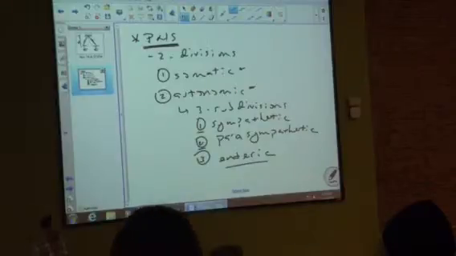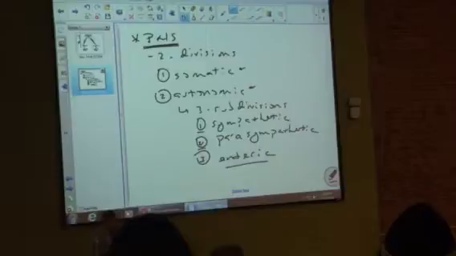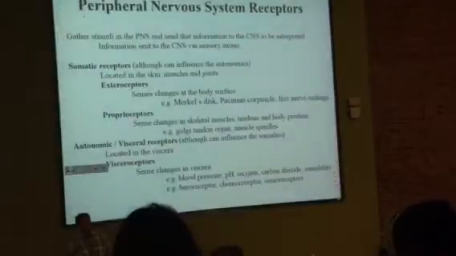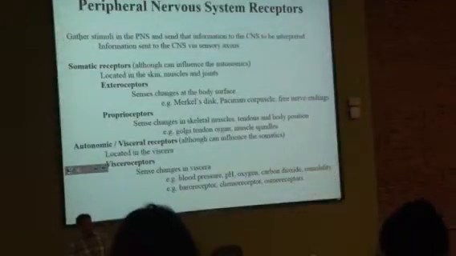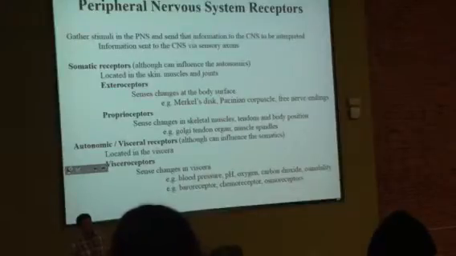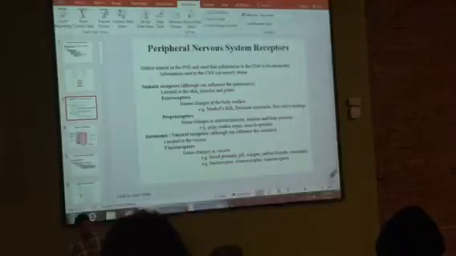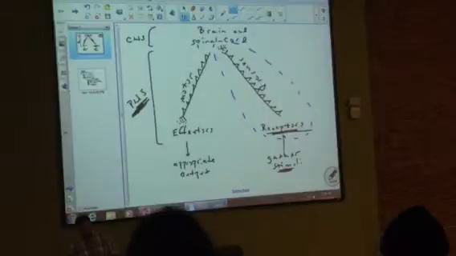Their stimuli are different, and so we're going to talk about that. So let's talk about these receptors first. There are somatic receptors, once again, and there are autonomic receptors. Again, the job is to gather stimuli and send that information to the central nervous system to be interpreted. I just said what that is right there.